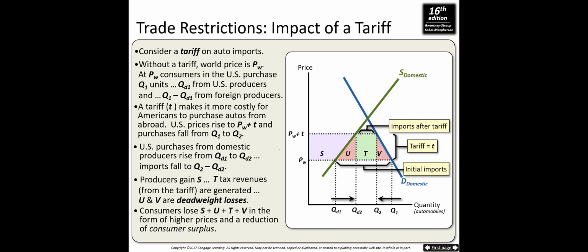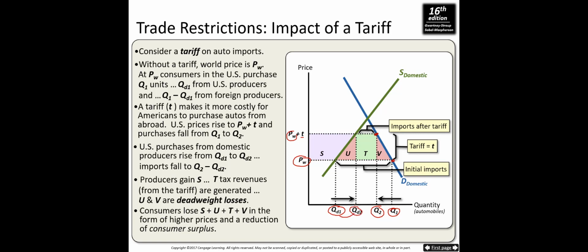Without a tariff, the world price is PW, the quantity sold is Q1, and domestic sellers are selling QD1. And if we have a tariff, then the price increases to the world price plus T. When the price increases, the quantity demanded at this price is Q2, and domestic supply is going to increase from QD1 to QD2.